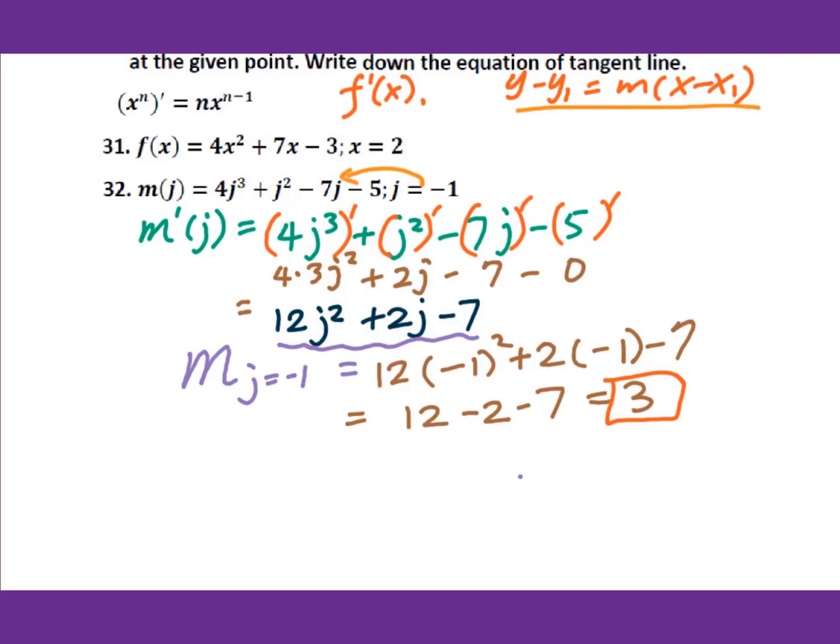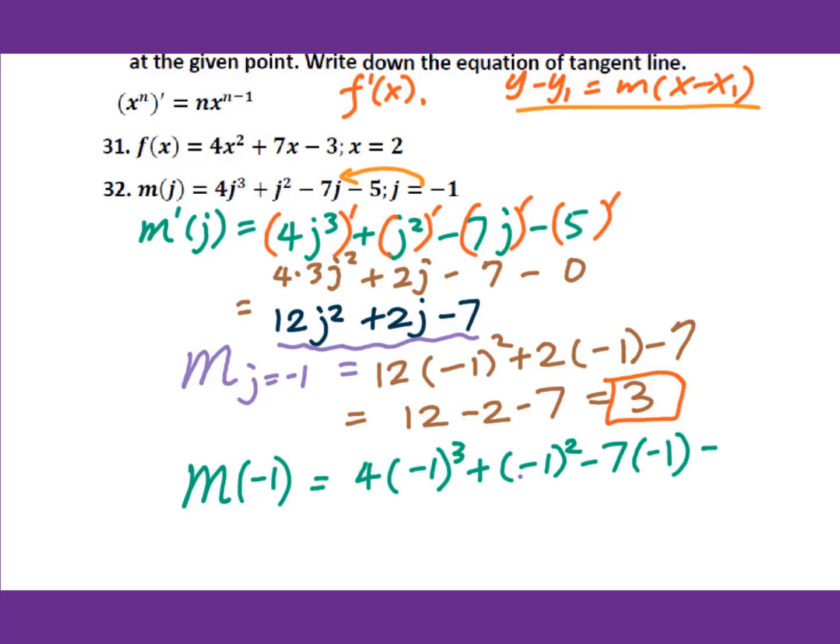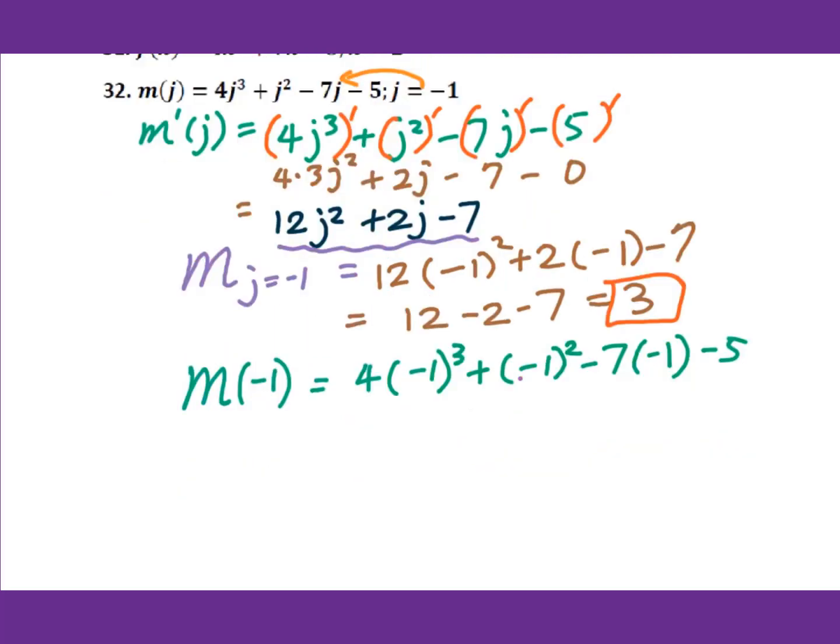So we get m of -1: 4 times (-1) to the third power plus (-1) squared minus 7 times (-1) minus 5. So we get -4 plus 1 plus 7 minus 5. That is -1.